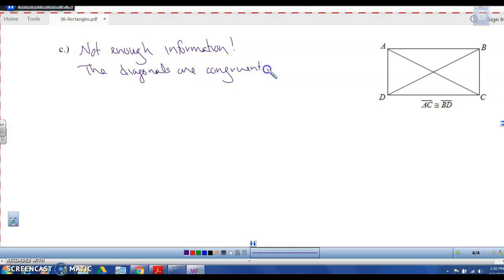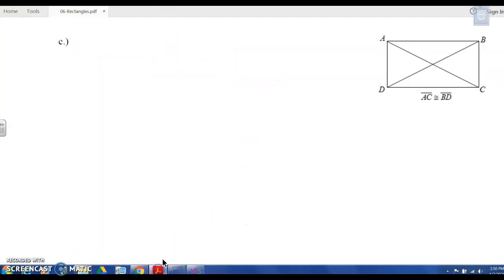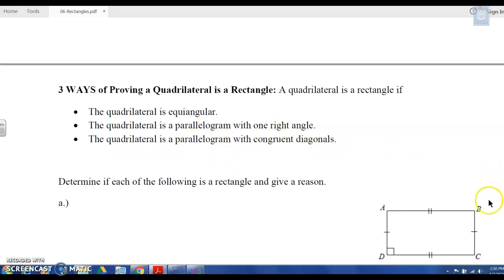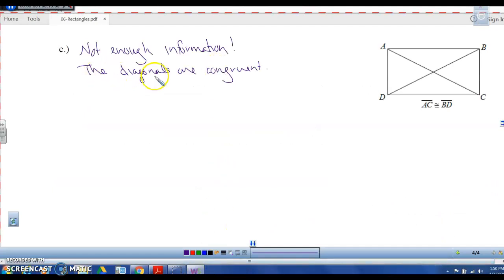Remember, the definition says that for a quadrilateral with congruent diagonals to be a rectangle, it's got to be a parallelogram. So in order for this to work, we have to prove that we have a parallelogram.